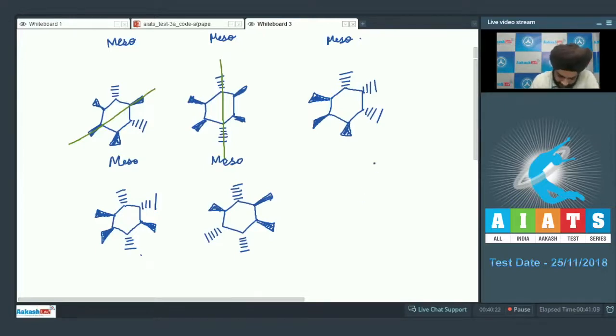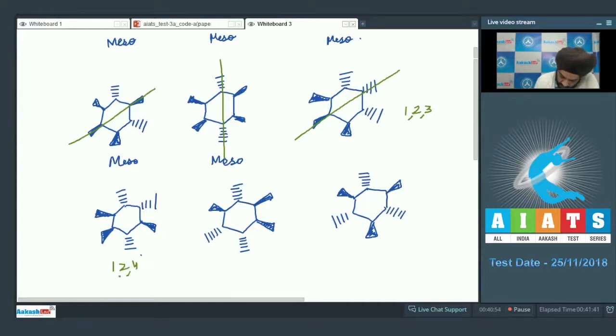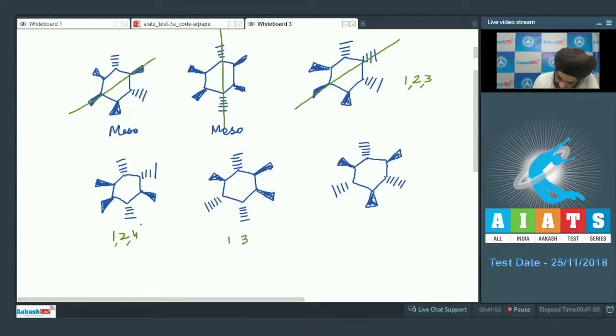And then we can have 1, 3, 5. So if we try and look for plane of symmetry in these structures, we'll have a plane of symmetry in the first one, which was the 1, 2, 3. This was the 1, 2, 4. This was 1, 3, 4, and this is 1, 3, and 5.